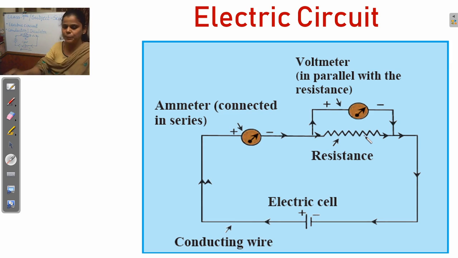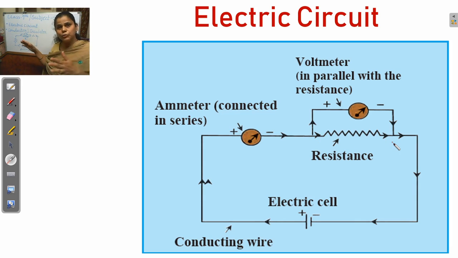Is it clear? Again I repeat the definition. A continuous path of an electric current through a conducting wire connected to the two ends of the cell, and other resistance, is called the electric circuit.